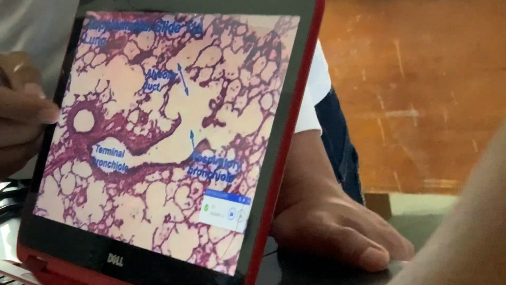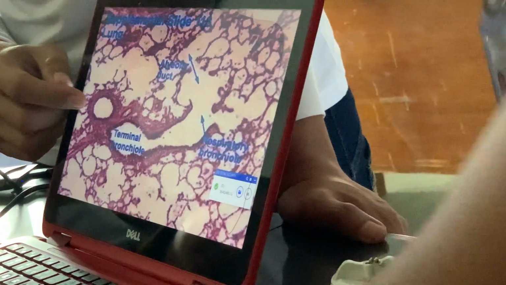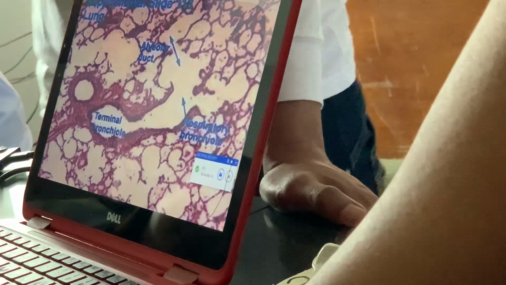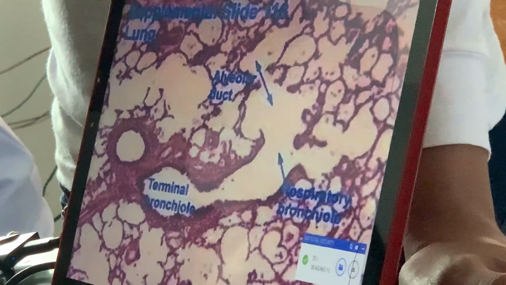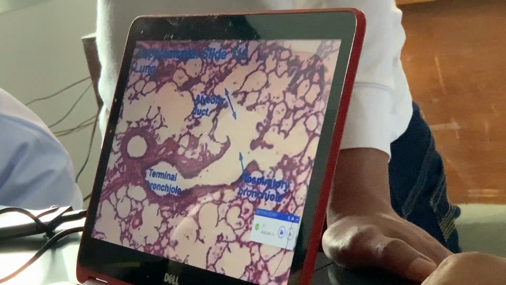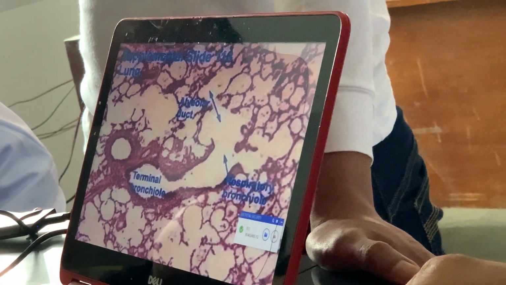This one. Let's identify. First step: what's the lining epithelium? Simple cuboidal. You know it. It's automatically simple cuboidal if you can no longer see goblet cells.